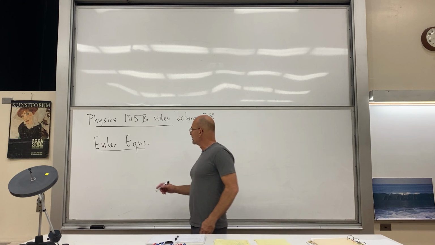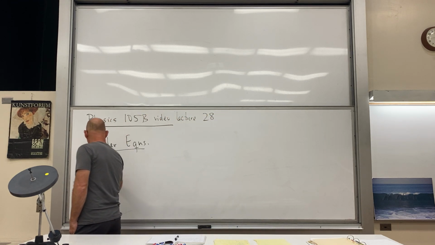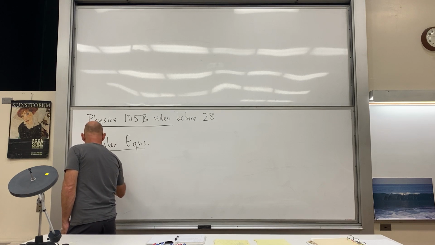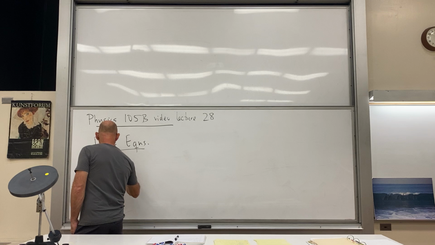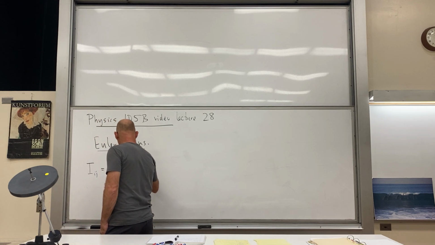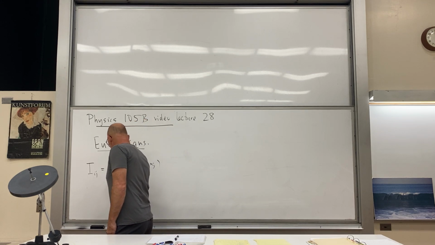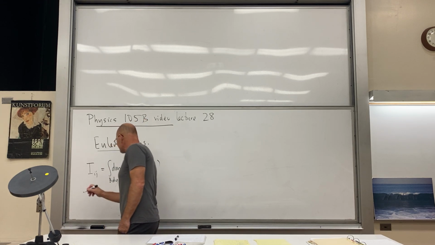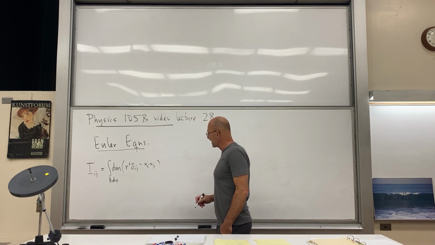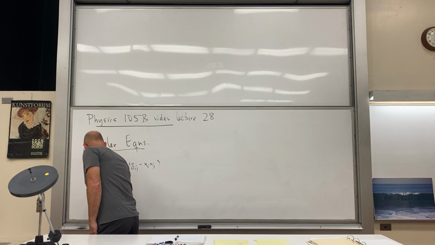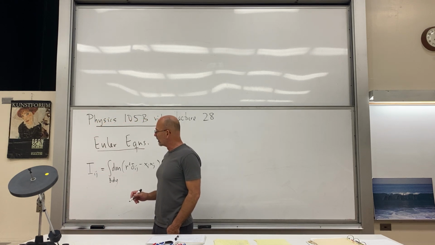So I'm just going to once again write down our inertial tensor: the integral of dm (r squared delta ij minus xi xj) over the body, for the rigid body. The diagonal form is always possible, so that's very important.